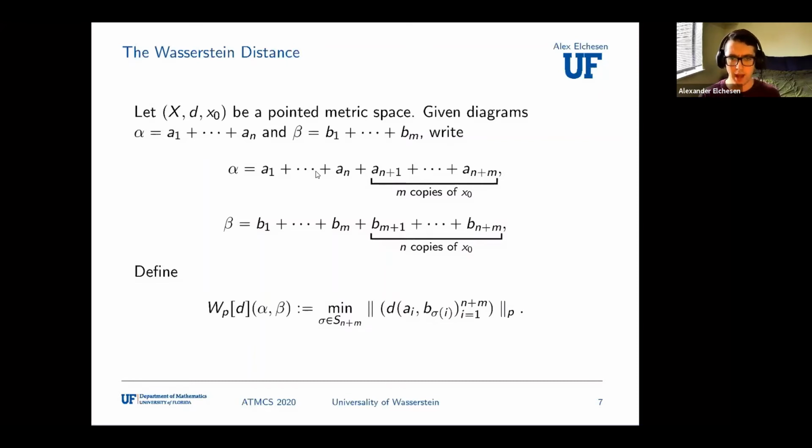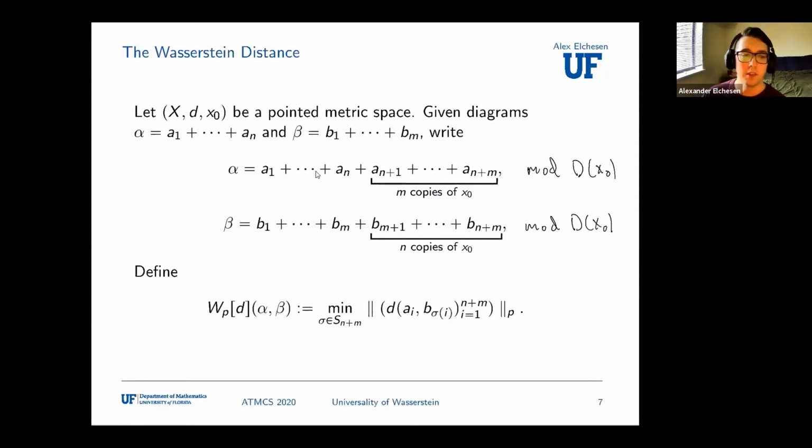We're going to add m copies of the base point to alpha and n copies of the base point to beta, so that they both have length n plus m. And these equalities make sense because we're working in the quotient monoid.